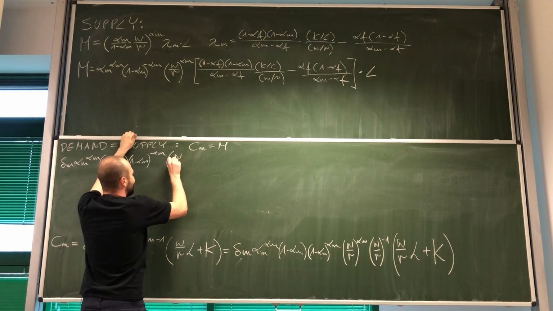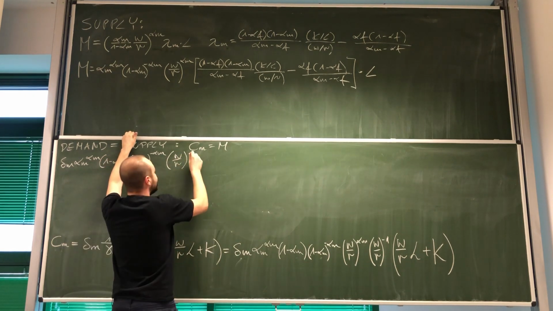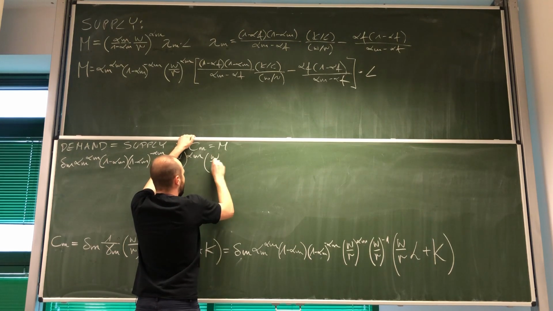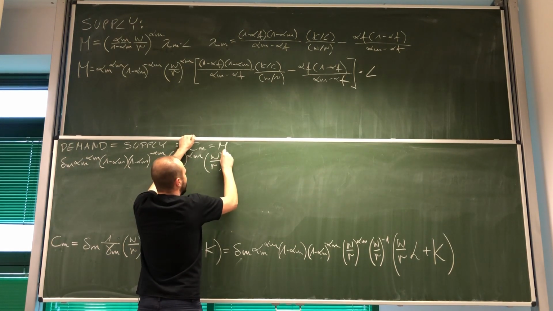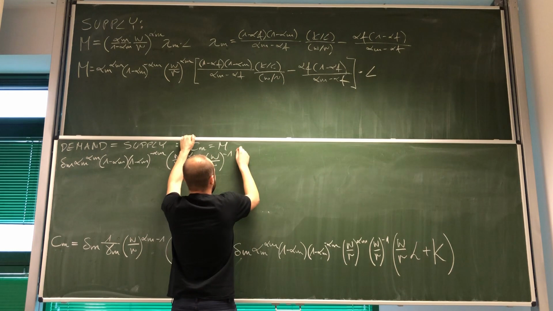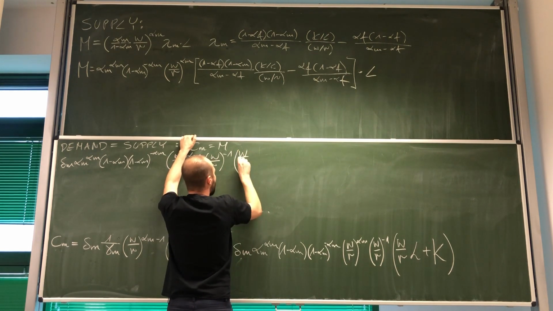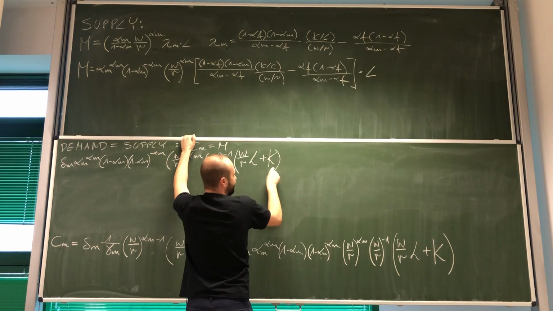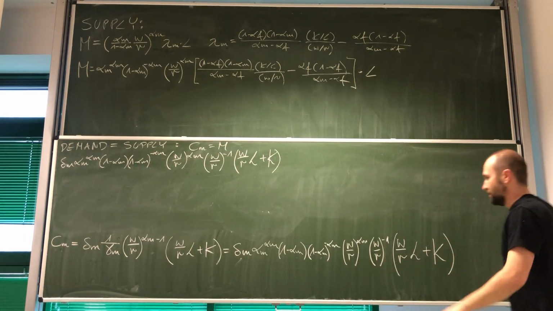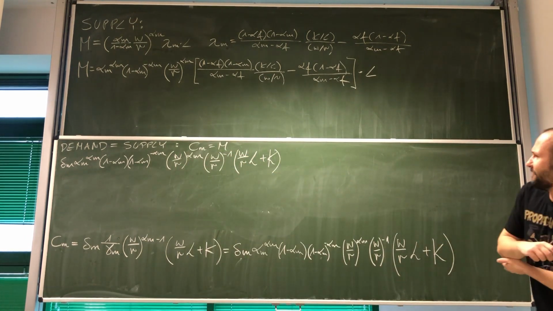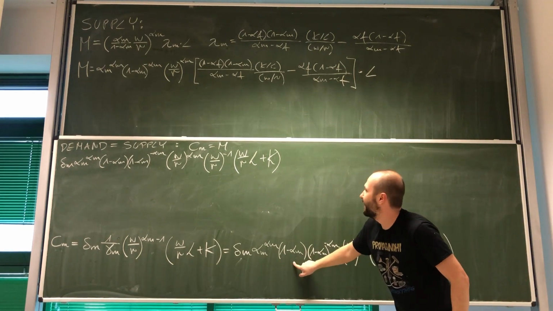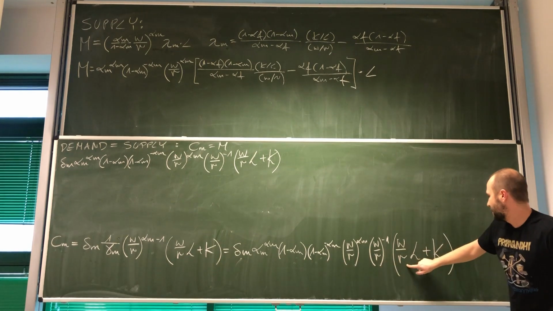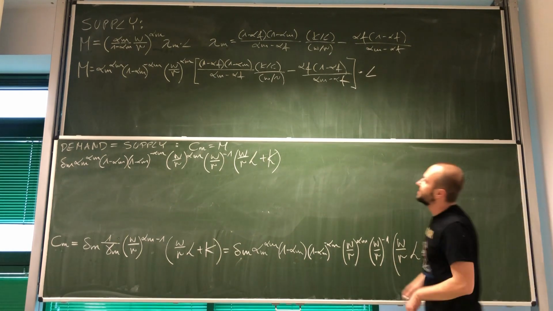Then we've got w over r times alpha m times w over r to the power negative 1, times w over r L plus K. Okay, so if I have not missed any component, and I don't think I did, then this is it.